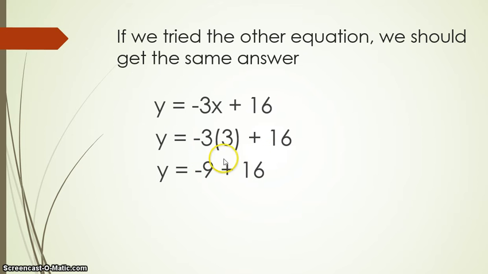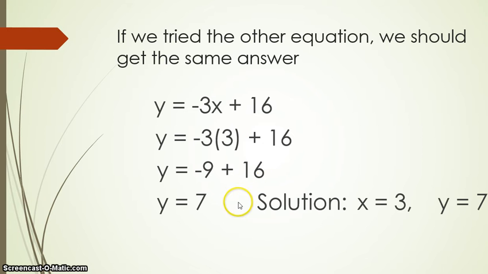Negative 3 times 3 will give me negative 9, and negative 9 plus 16 will give me 7. So again, y is equal to 7, and our overall solution will be x is equal to 3, y is equal to 7.